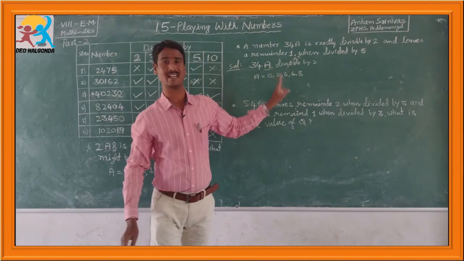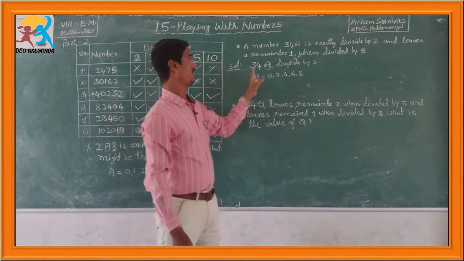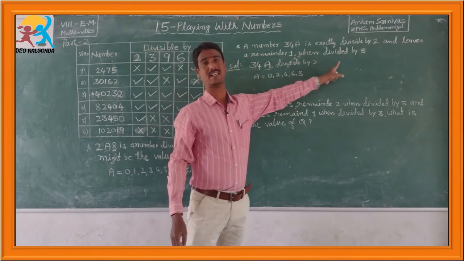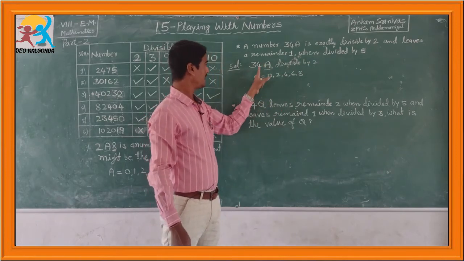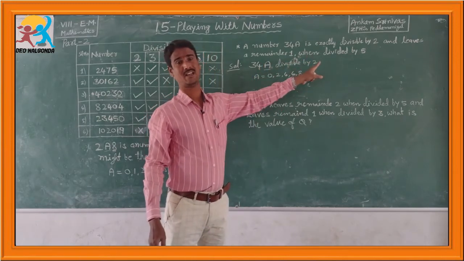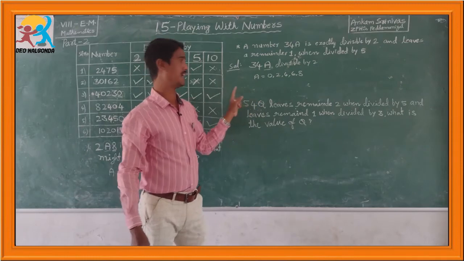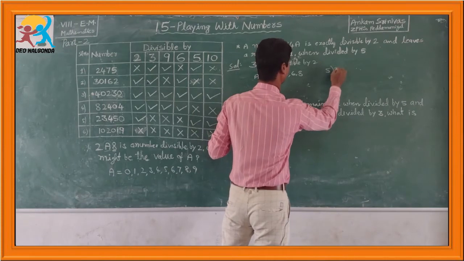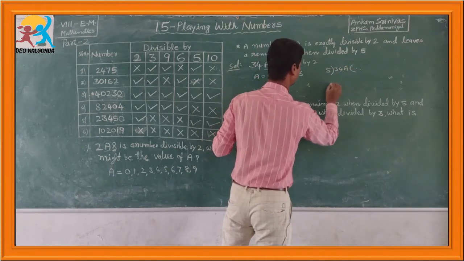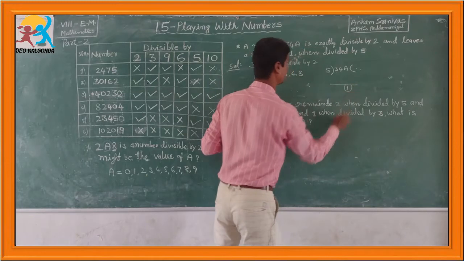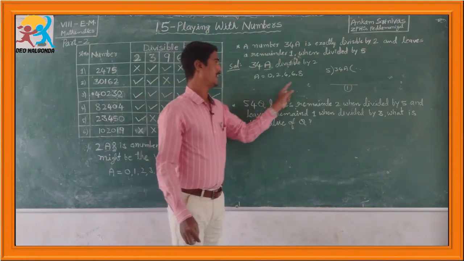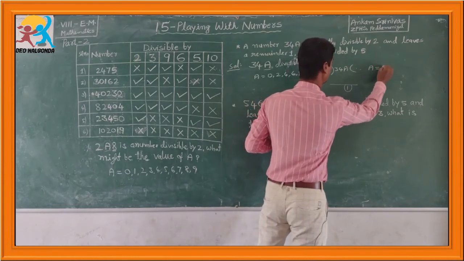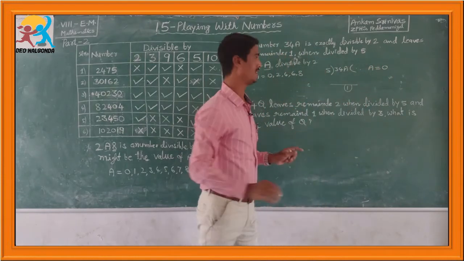Now the other condition. Second condition is leaves a remainder 1 when divided by 5. If this number is divided by 5, we should get remainder 1. That means when 34A is divided by 5, we should get remainder 1. Dear children, if I take A equal to 0, remainder is 0.